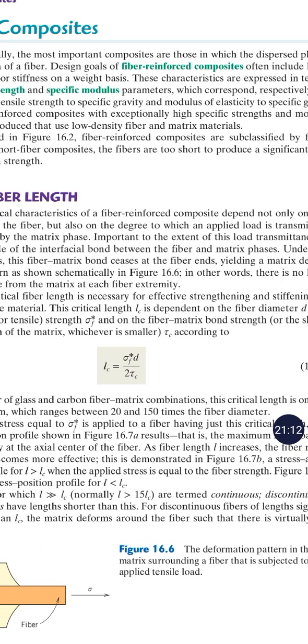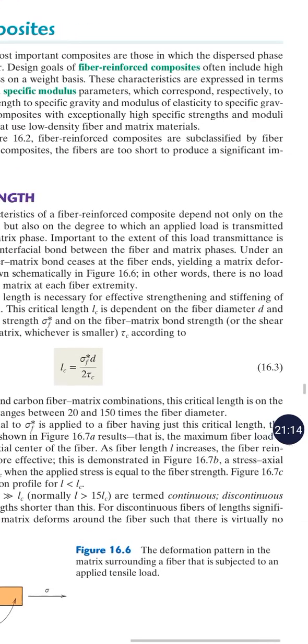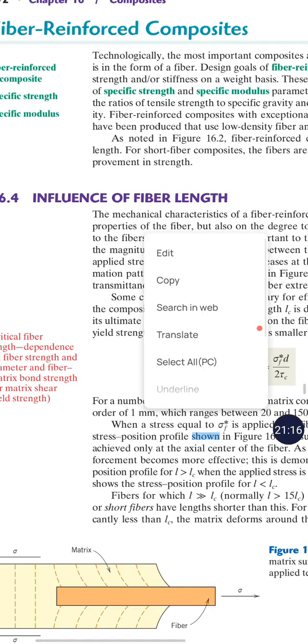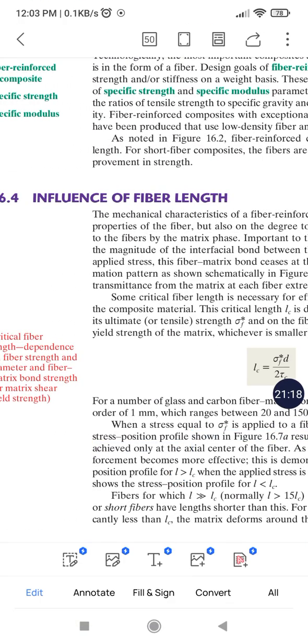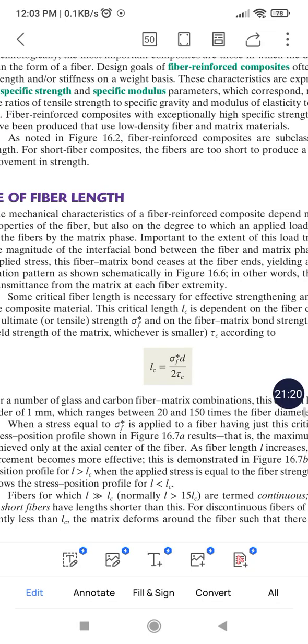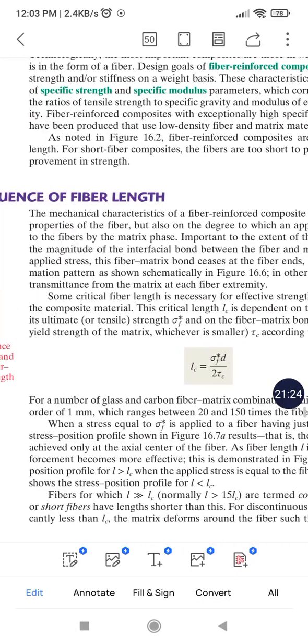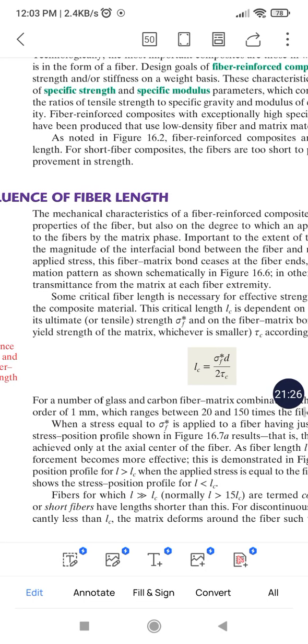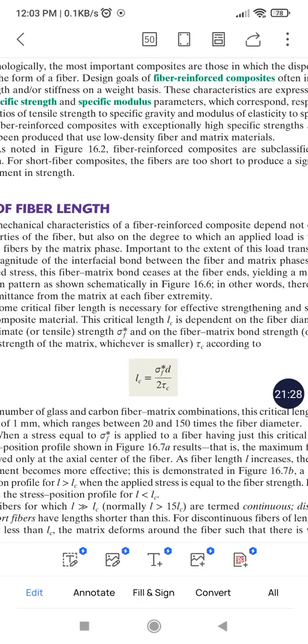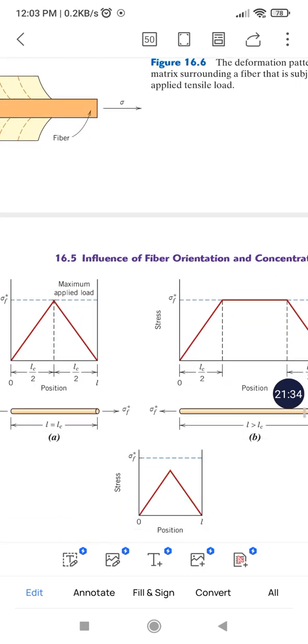The critical length Lc is dependent on the fiber diameter D and its ultimate strength sigma F, and on the fiber matrix bond strength. All these lengths and details depend on the strength of the composite material. So you can remember this equation also.